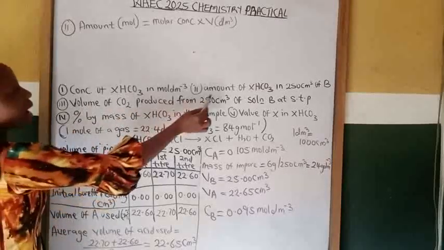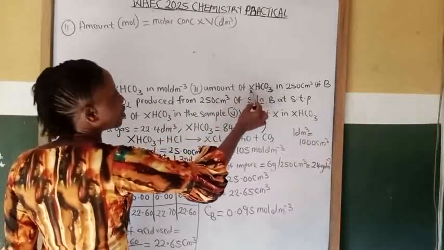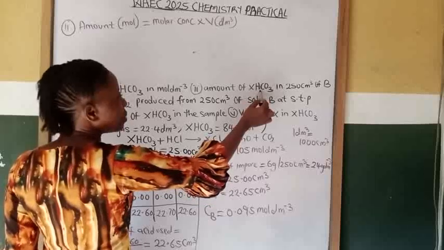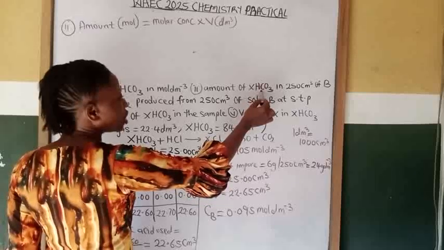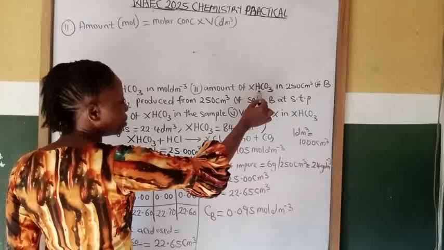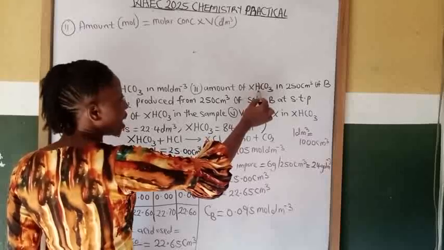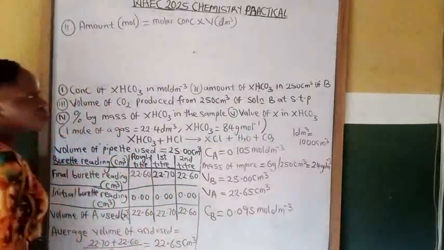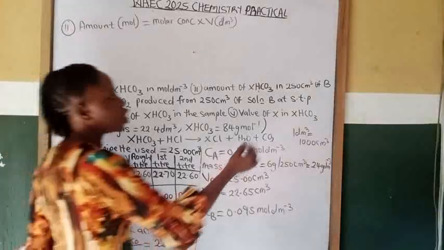That is the molar concentration of base. Then we are looking for the amount of XHCO3. So XHCO3 is my base. I'm looking for the amount of my base in 250 centimeter cube.